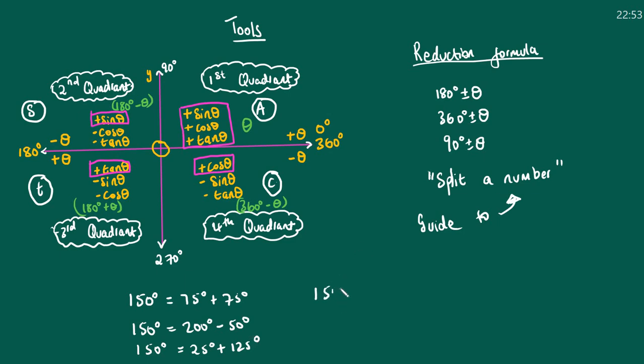Another way, 150 degrees. We can say 150 degrees is 300 degrees minus 150 degrees. You see, this is me flexing. Another one can come and say, but 150 degrees, why are you thinking far? It's actually 149 degrees plus 1 degree.